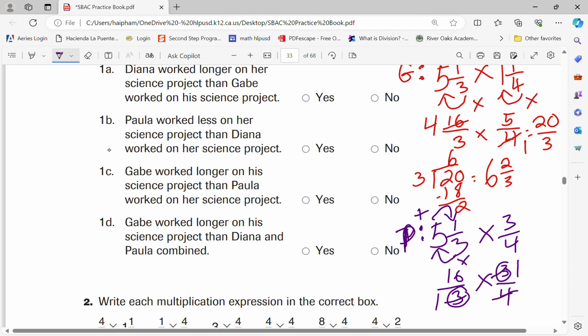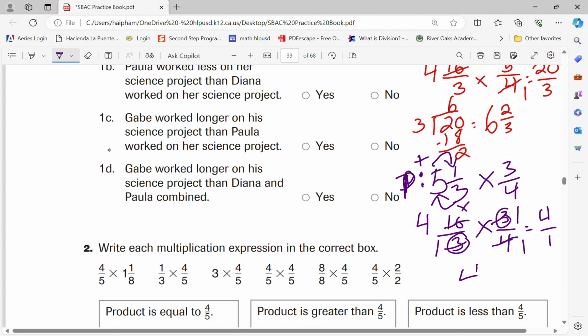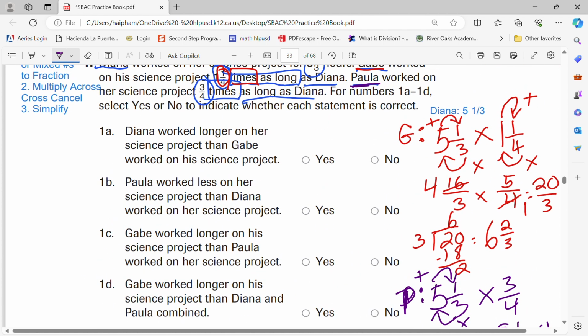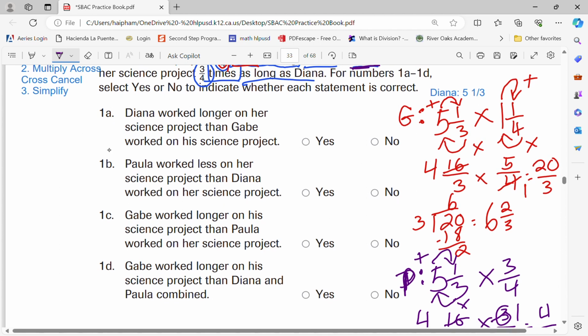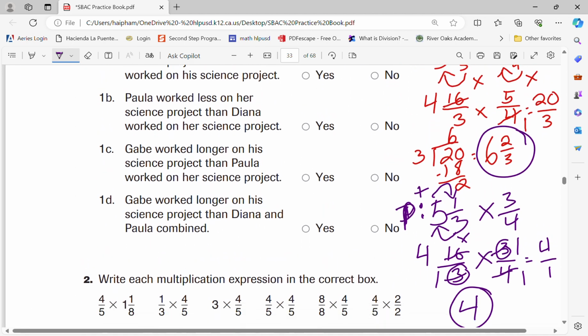And 4 goes into 16 4 times, so this is 1, and 16 divided by 4 will be 4. That'll give me 4 over 1, which is 4 hours for Paula. So we have 5 1/3 for Diana, 6 2/3 for Gabe, and 4 for Paula.